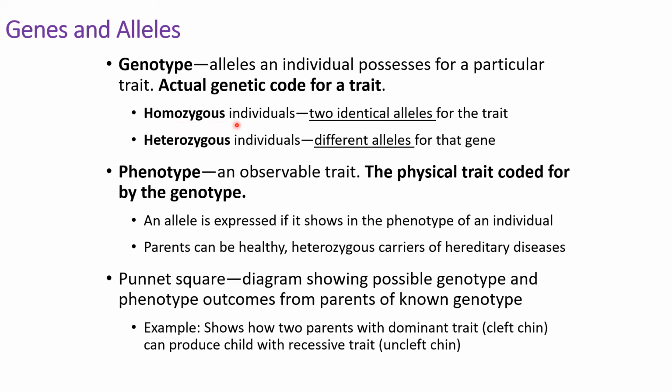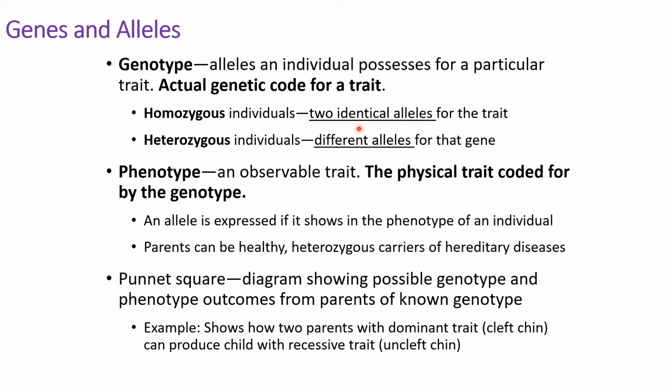If an individual is homozygous, they have two identical alleles for a specific trait on their chromosomes. So on each sister chromatid, they have identical alleles. Let's say mom, let's talk about eye color.